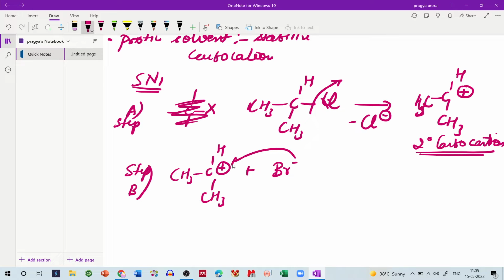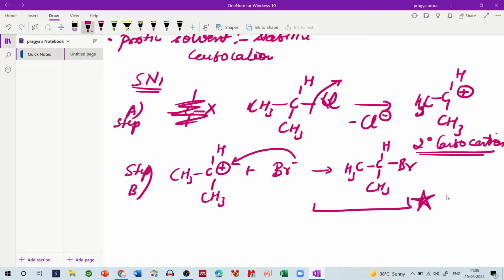This bromide will attack this carbocation, and you will have the new product as an alkyl bromide. So the first step is the loss of the leaving group, and the second step is the nucleophilic attack.